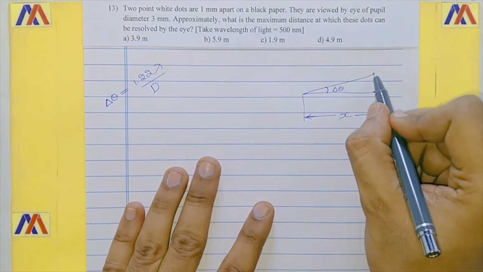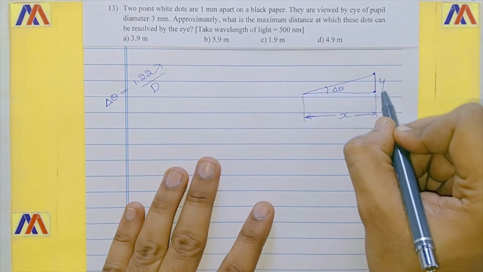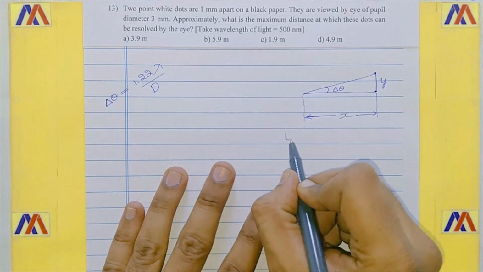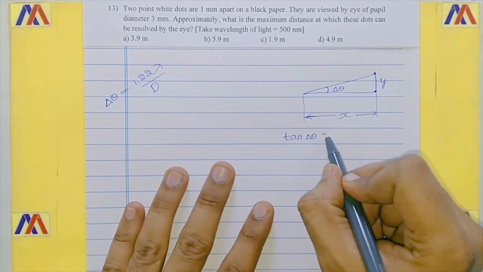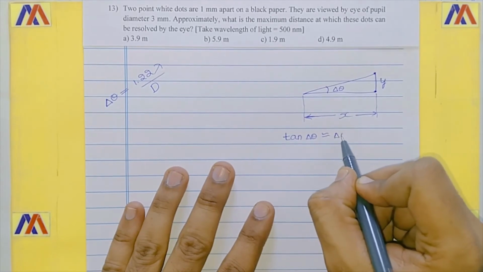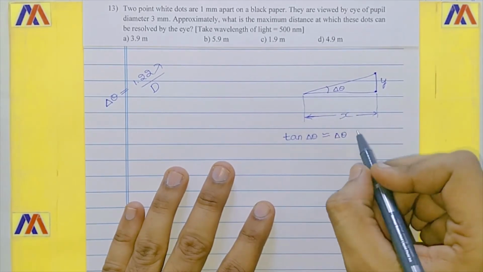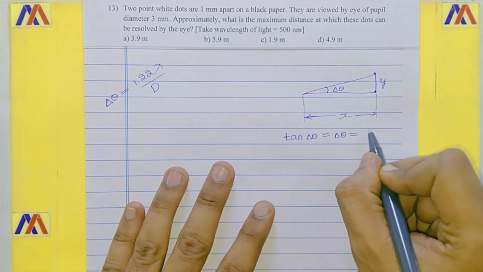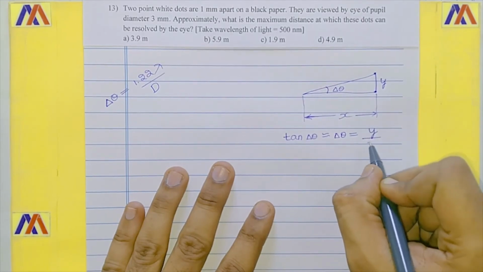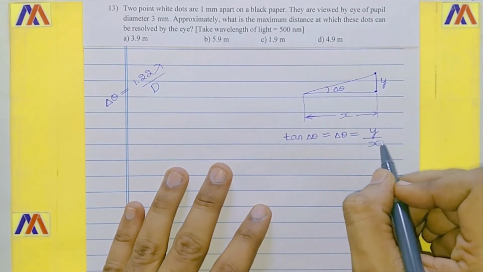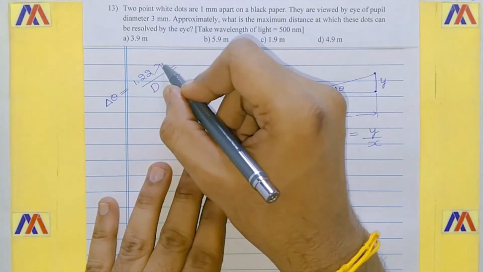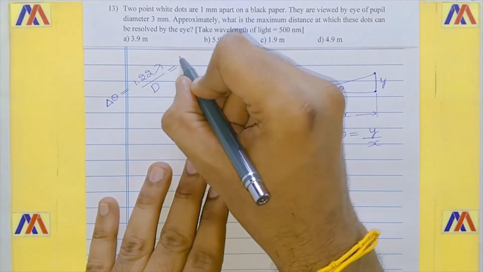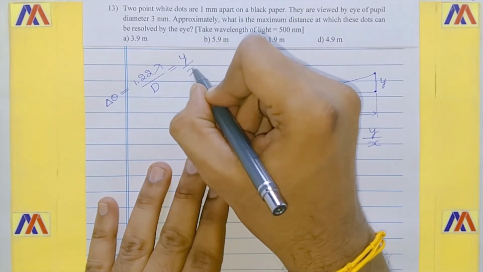The distance of separation between these two dots is y. According to trigonometry, tan delta theta is approximately equal to delta theta since the angle is very small, and that is equal to opposite side by the adjacent side. Using this, we can write 1.22 lambda divided by d equals y divided by x.